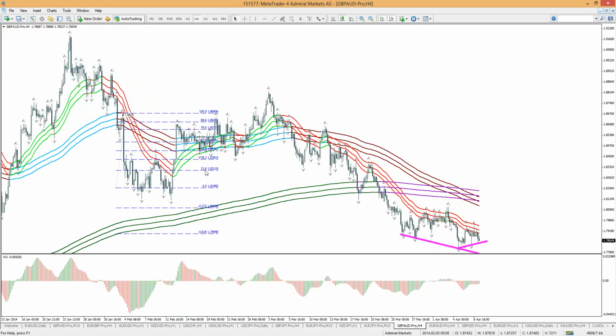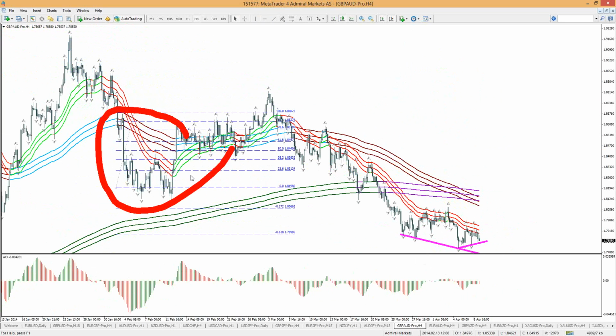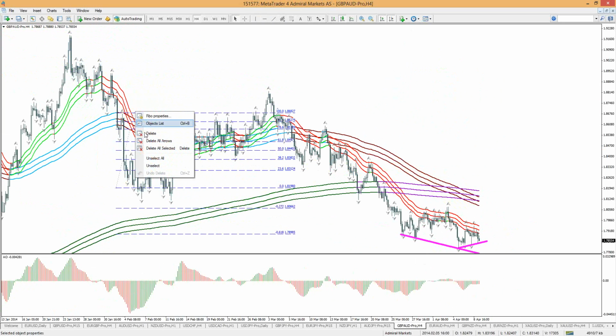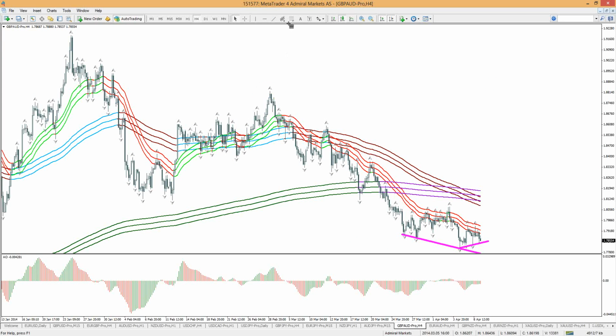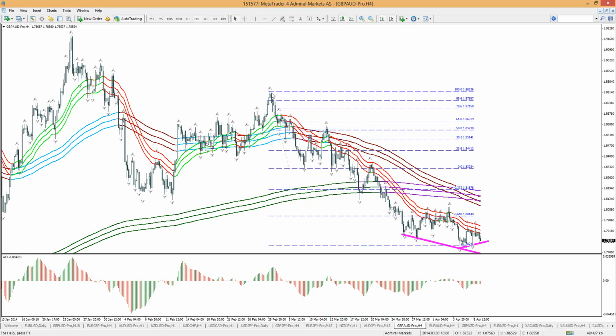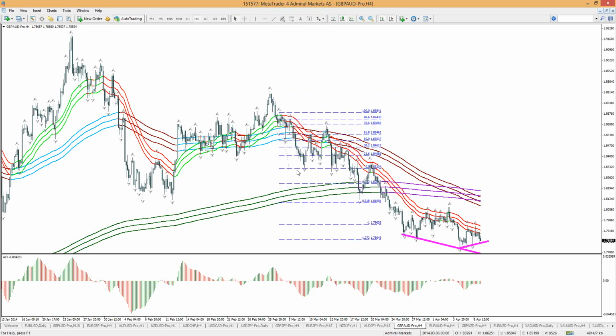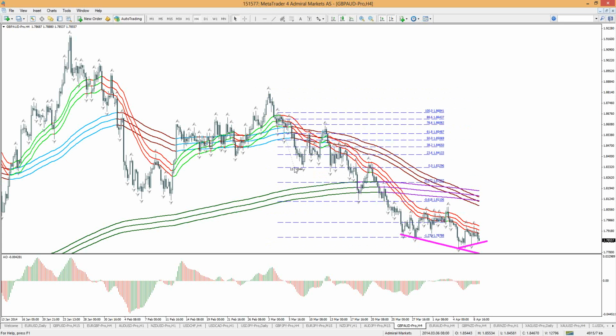Now that particular swing high, swing low got broken, so this one has to be taken off. And we then know that this is the new top for the downside on the 4-hour chart. We're looking for targets, right?